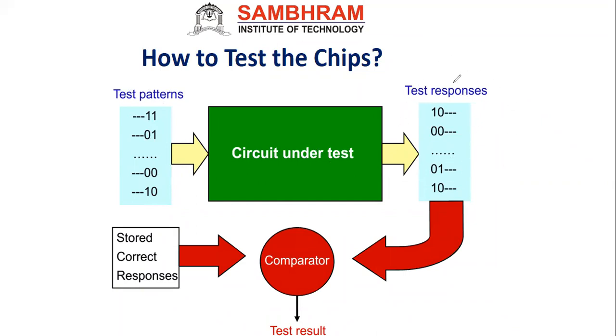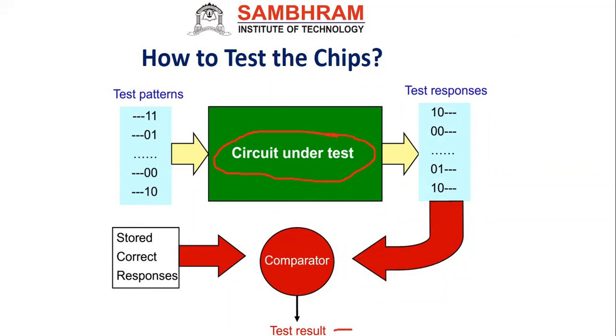How do we know whether this test response is correct or wrong, meaning whether your circuit is correct or whether it is defective or giving errors? So how to check the test response value? You have to take the stored correct response. This is like I said, right? The correct response value we stored already. So these two will be compared. This will be your test result.